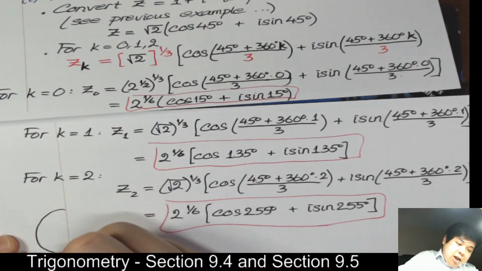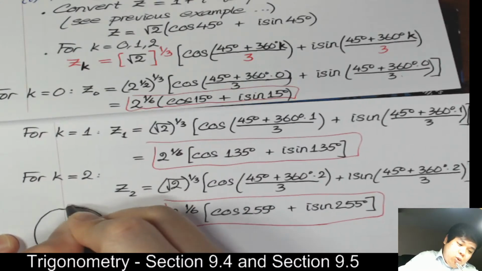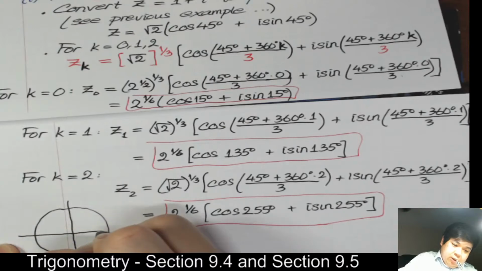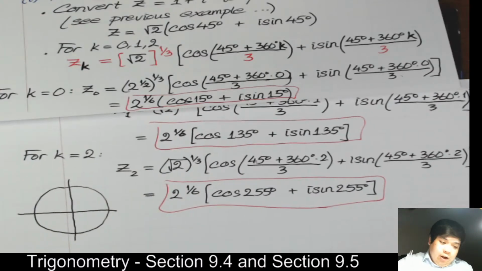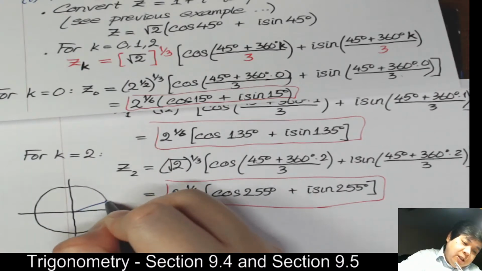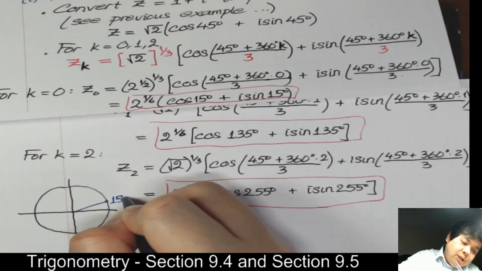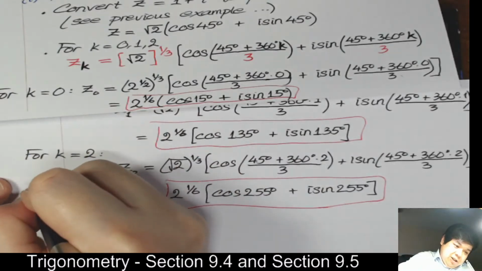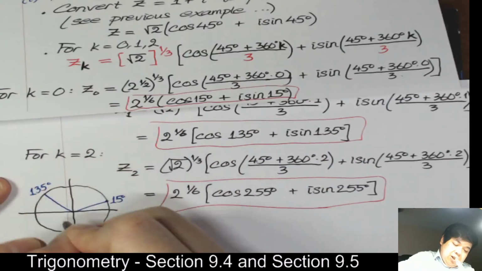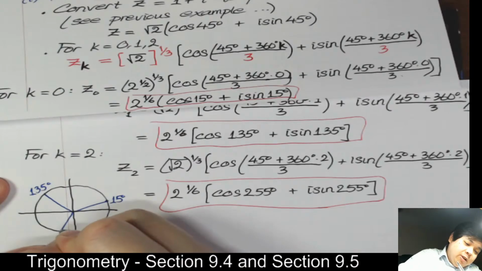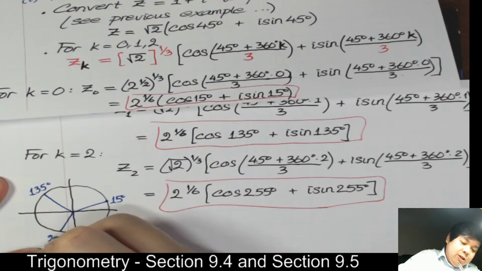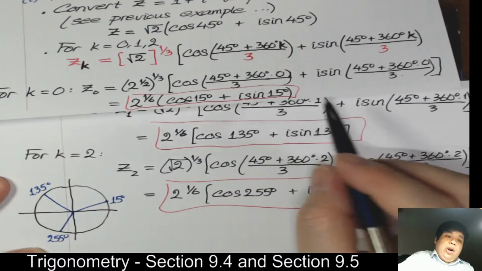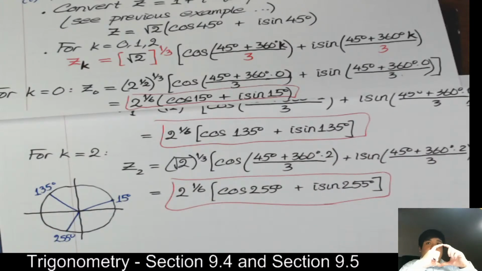If we think about 0 to 360 degrees, one complete revolution, the angle always divides the circle evenly.